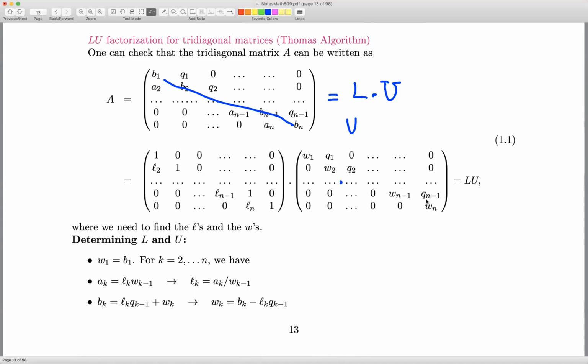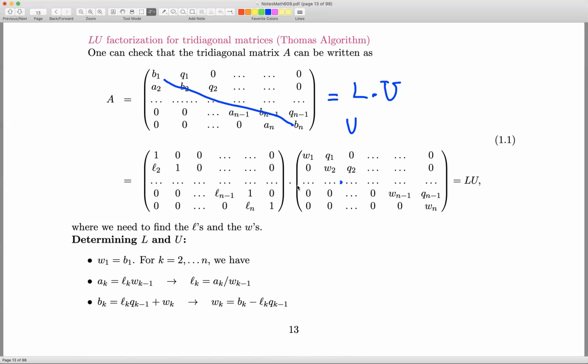Here we'll have only one diagonal above the main diagonal. And the matrix L, since it is unit lower triangular, will have ones on the main diagonal and has to have the same bandwidth. So it will have only one diagonal below the main diagonal that may be non-zero. Everything else will be 0. And therefore the LU factorization will have that property.